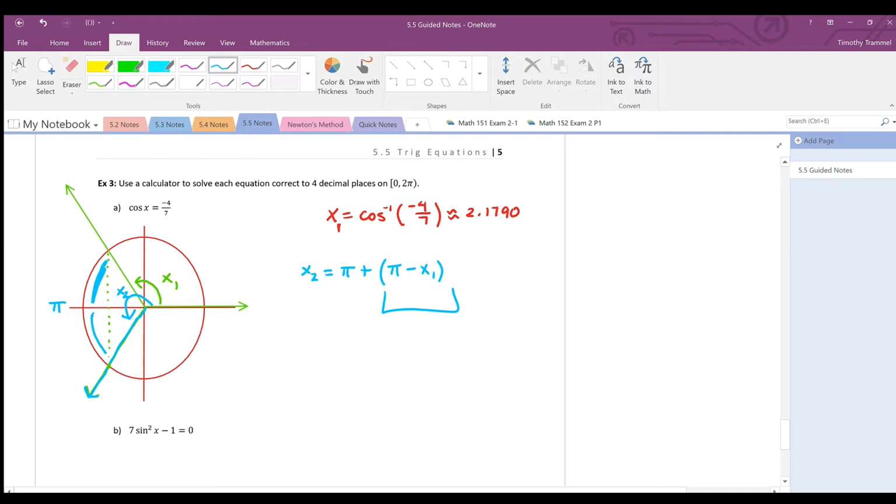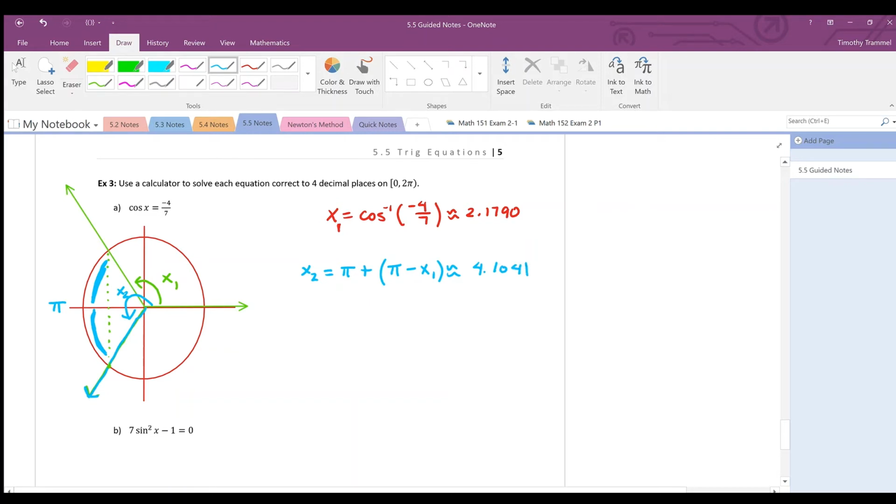And that angle there is the same as this one here. Okay, this is symmetric. Okay. And so if we were to go ahead and add these together, then we have pi plus pi minus x1. This should come out to approximately 4.1041.